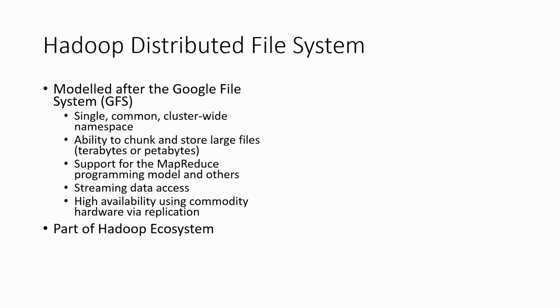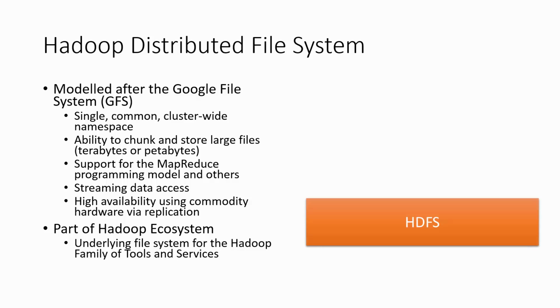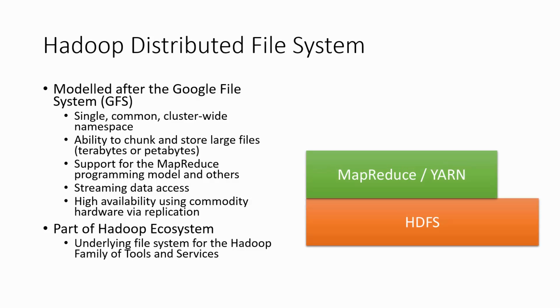Now, Hadoop Distributed File System, or HDFS, is actually part of the Hadoop ecosystem. It's the underlying file system for the Hadoop family of tools and services. So we have HDFS, and we have some sort of cluster coordination framework. In Hadoop 1.0, it was just the MapReduce scheduler, but now there is a common scheduler known as Yarn.